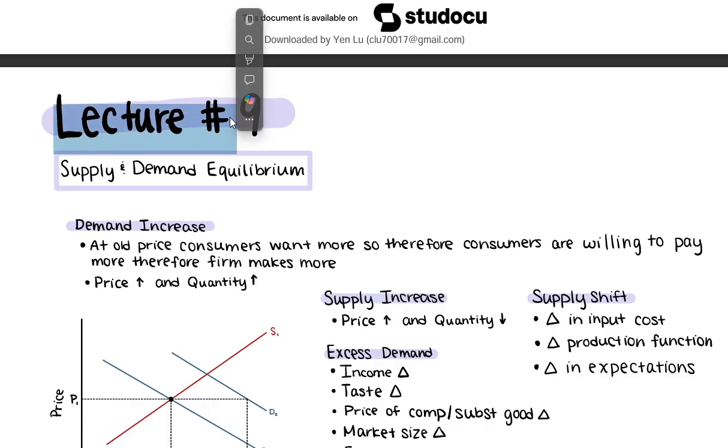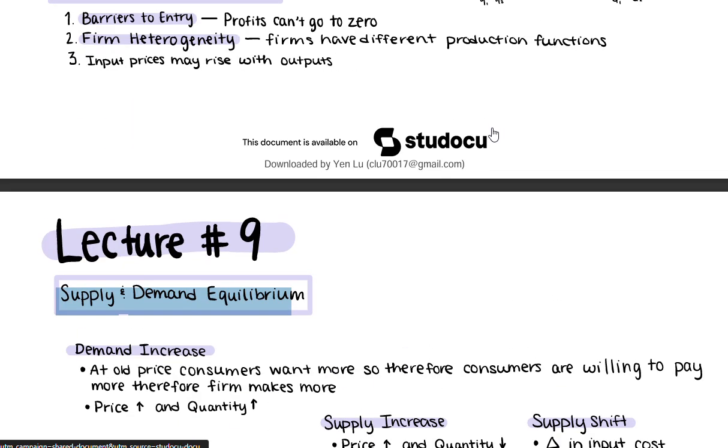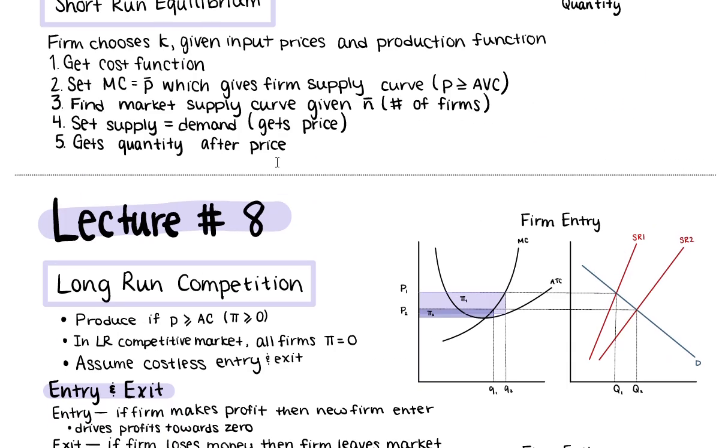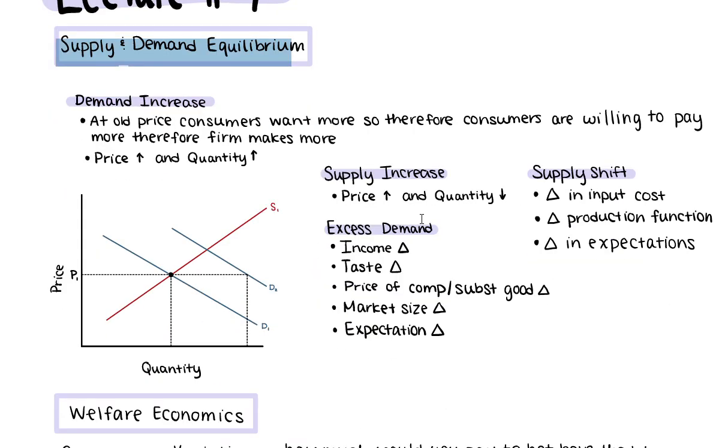Okay, so in the next lecture we're going to combine what we have learned. We have learned supply, we have learned demand, and perfect competition, how it works. So now we move into the equilibrium calculation.